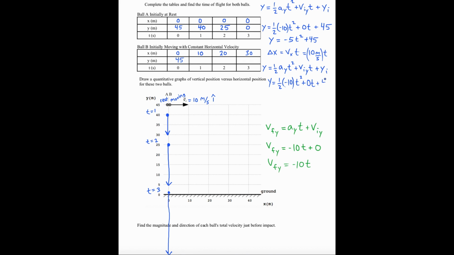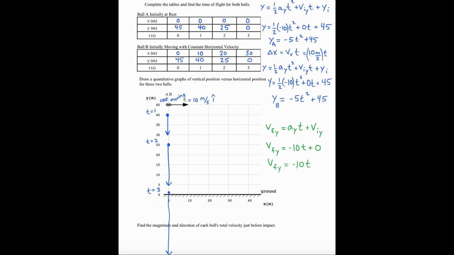Now our y_i will be 45, and as we can see, according to the formulas, the equation for where ball B is located is the same as the equation for where ball A would be located. So we have the same elevations at these different times.